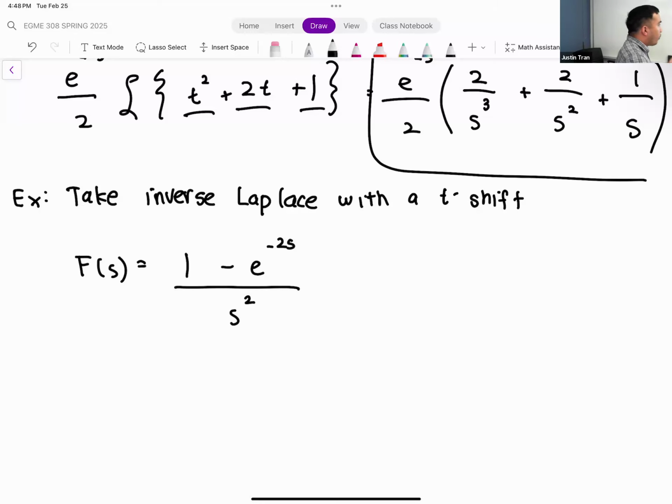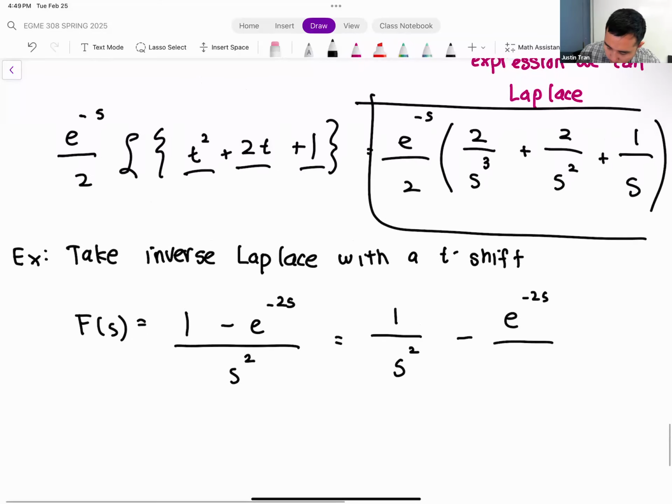Okay, so we actually have one term without a shift here, so we just have the 1 over s squared, and we have another term with a shift because that's e to the minus 2s. Okay, so let's break this up first. Let's have 1 over s squared, minus e to the minus 2s over s squared.